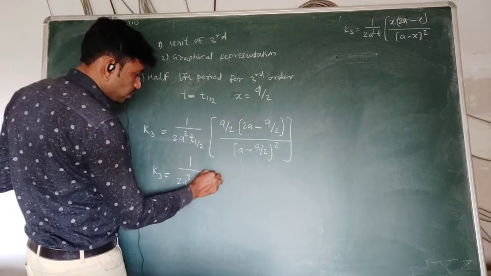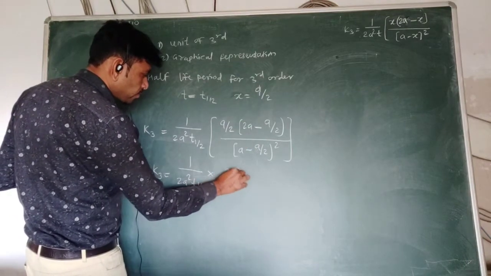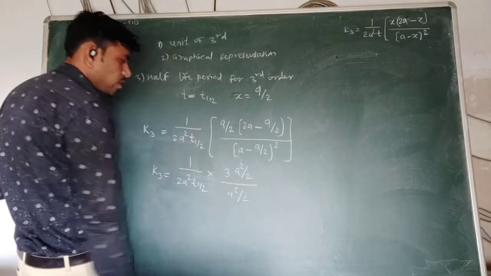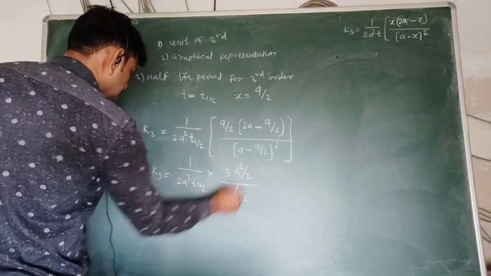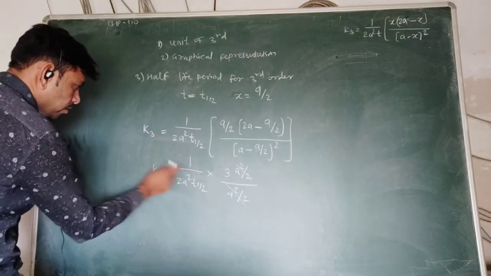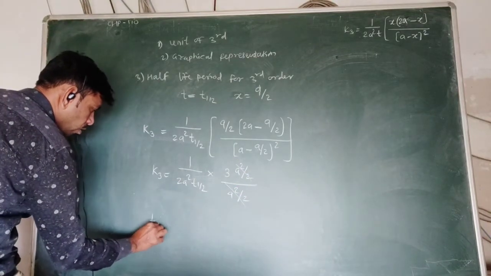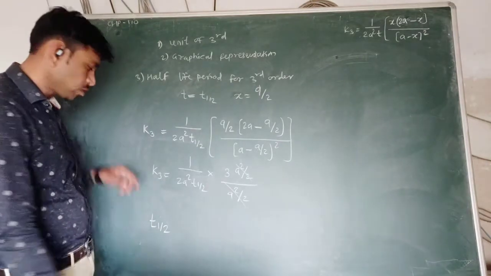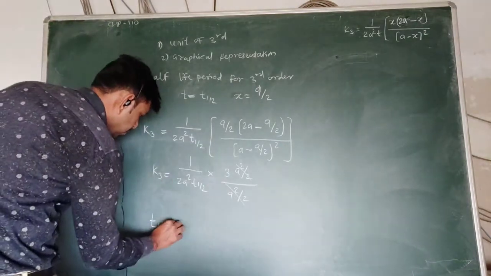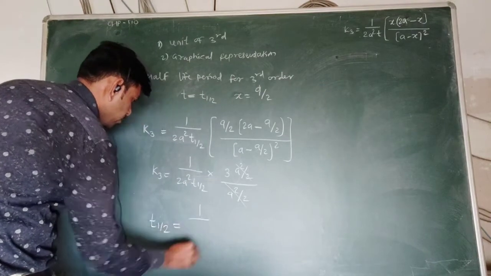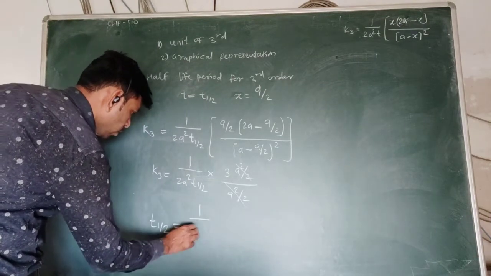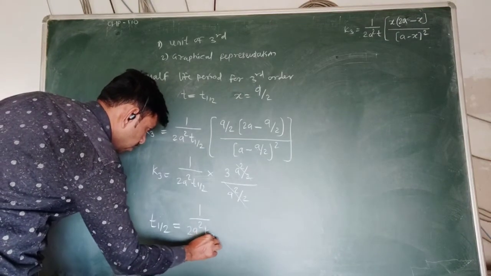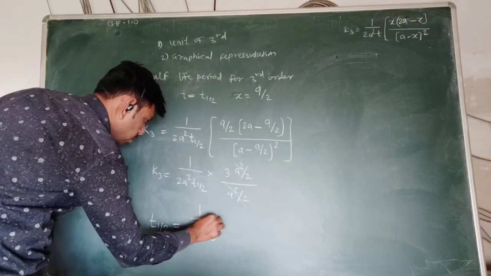And if we solve and simplify this equation, we obtain 3 a square by 2 upon a square by 2, by cancelling the similar terms, and taking the equation for half life t 1 by 2, K3 shifted here, equal to 1 upon 2 a square into K3 into 3.